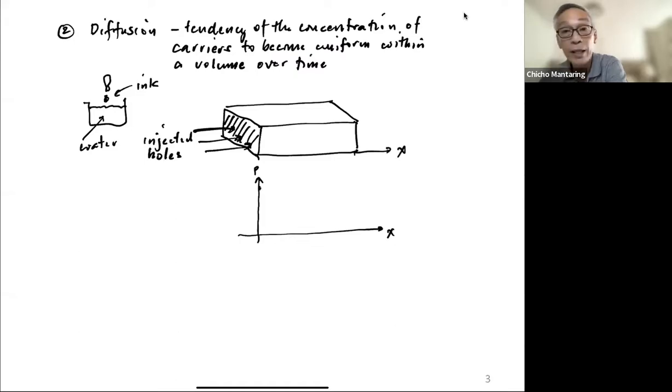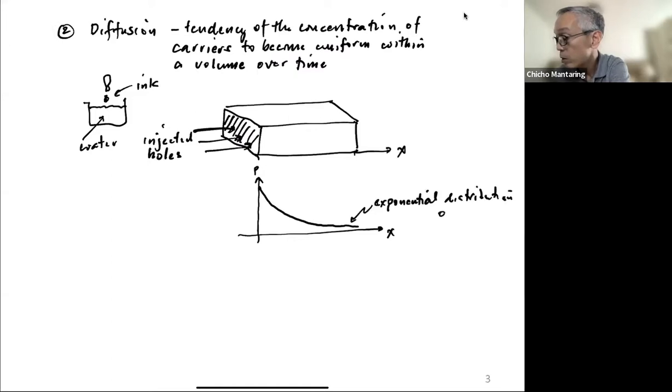I'm going to end up getting an exponential profile. There's going to be an exponential distribution of holes.